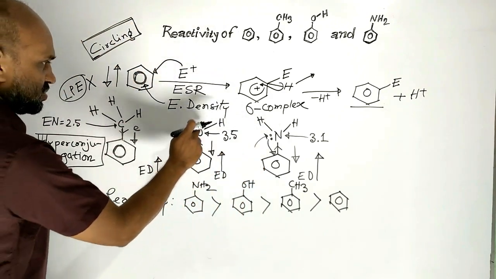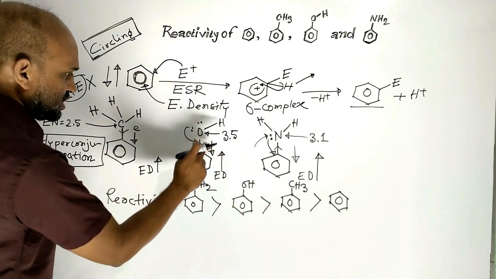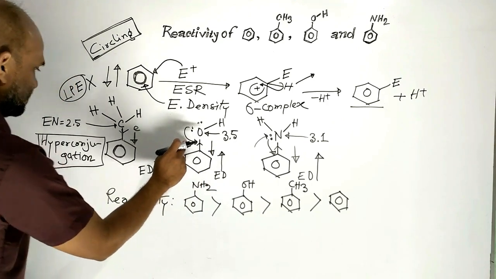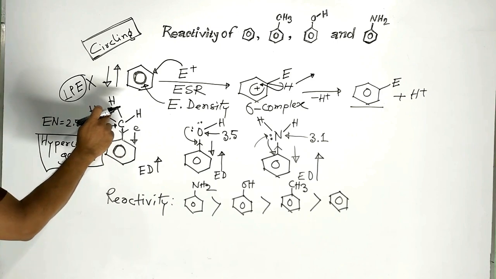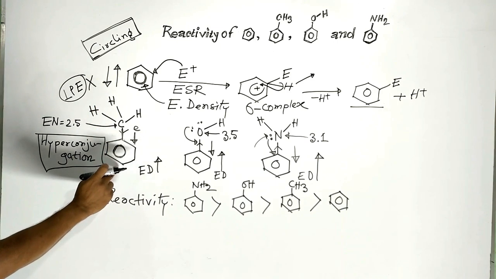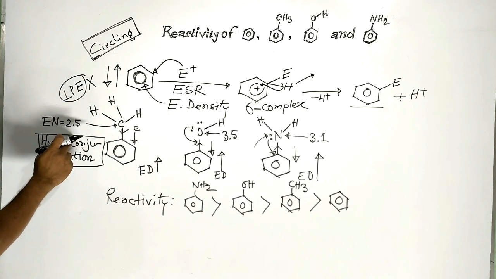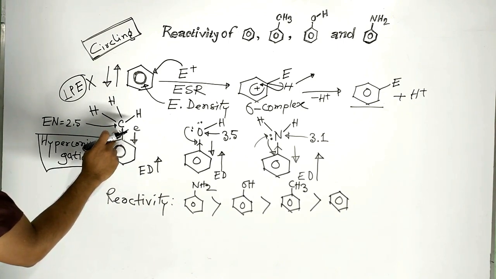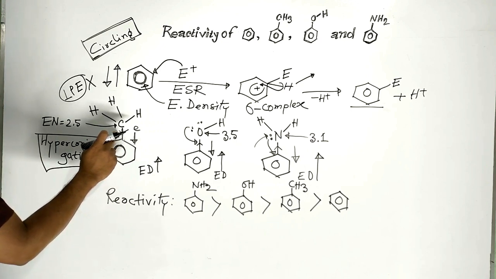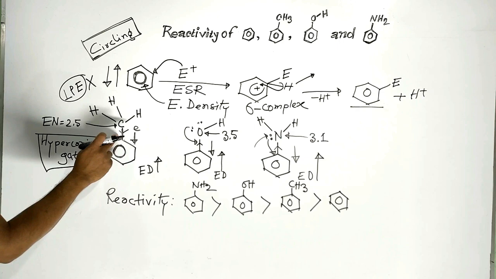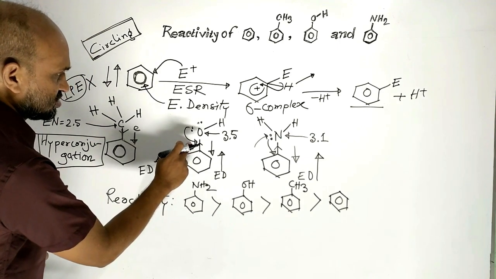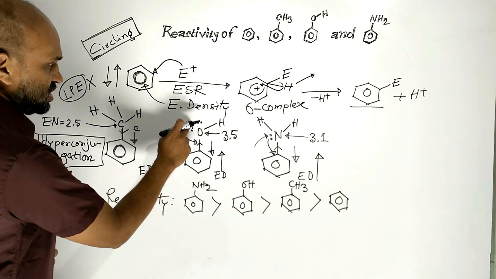In phenol, hydroxyl group increases electron density in the benzene ring by positive mesomeric effect, and in toluene, methyl group increases electron density in the benzene ring by hyperconjugation, and we can say by positive inductive effect. Inductive effect is related to sigma bond. Mesomeric effect is related to lone pair of electrons.